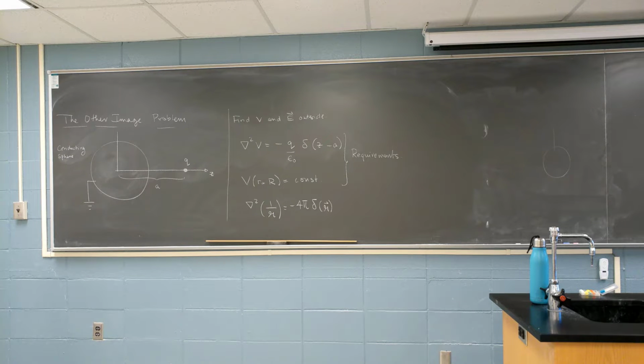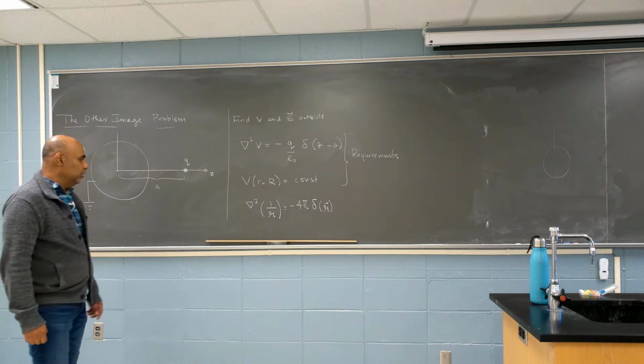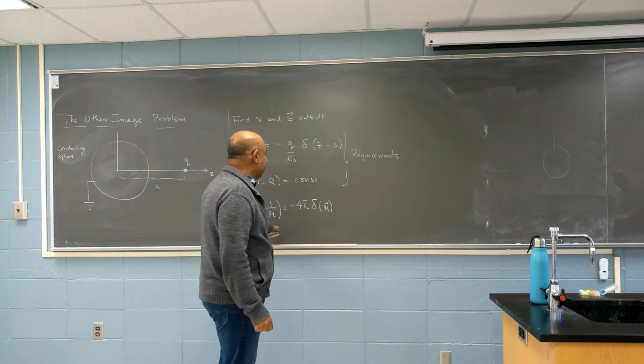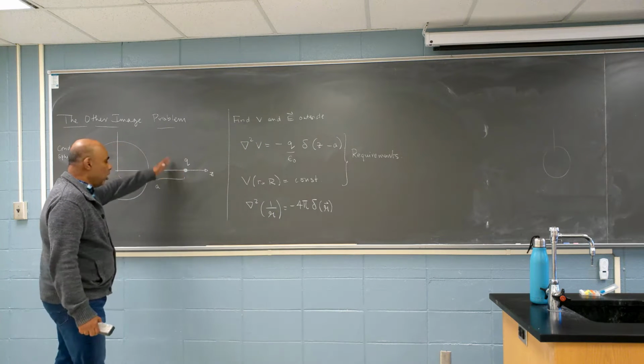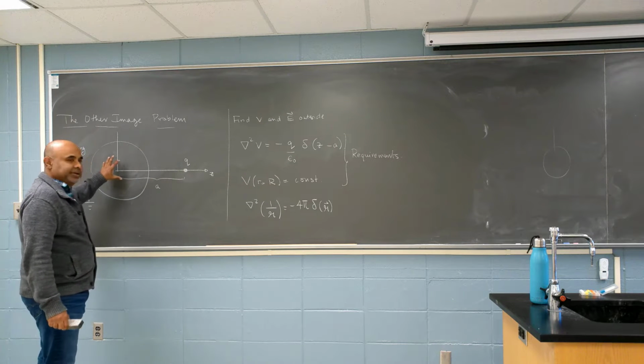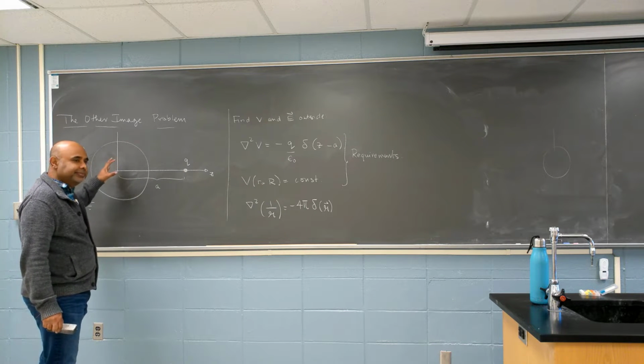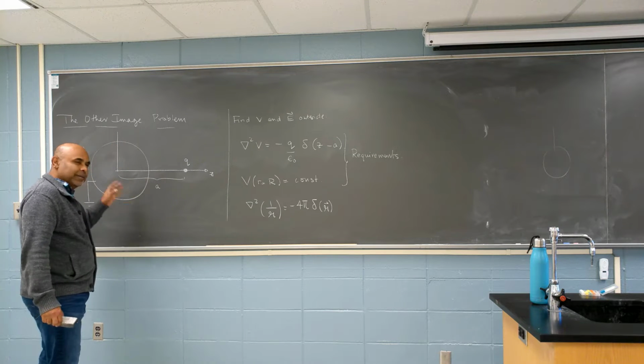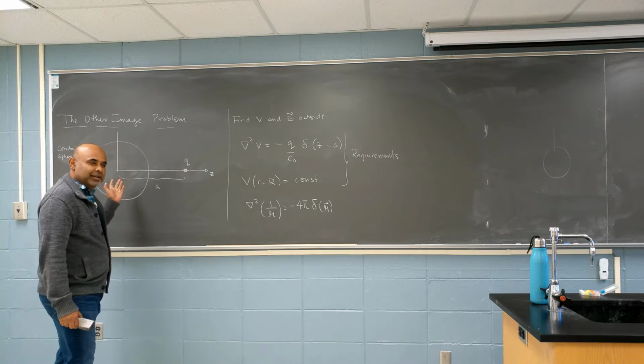You also need to consider the potential at infinity going to 0. Again, whenever you have compact charges, a couple of charges here, a massive star with charges inside it, infinitely far away, you don't see the star.